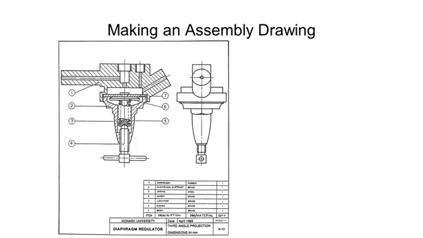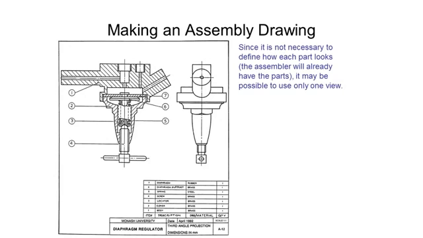The first thing to consider when making an assembly drawing is, since it's not necessary to define how each part looks, it may be possible to use only one view to represent the assembly of our device. This is because the person assembling it should hopefully already have all the different parts required.